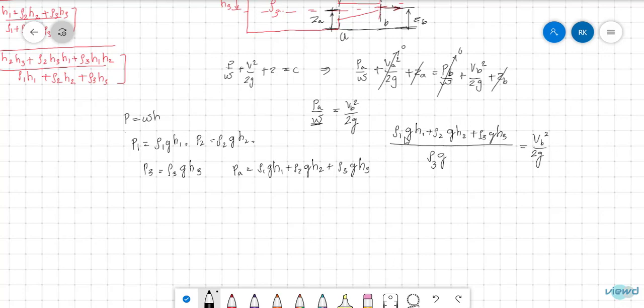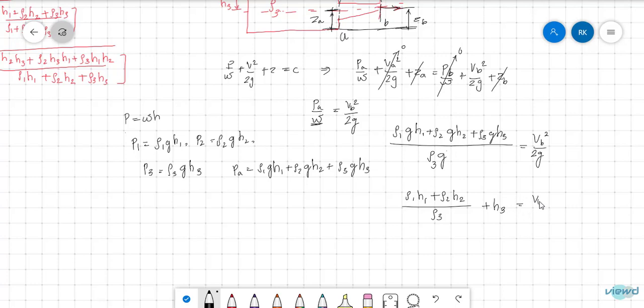So from this we can cancel. G gets cancelled, and rho 1 H1 plus rho 2 H2 by rho 3, and rho 3 gets cancelled, and the remaining is H3.